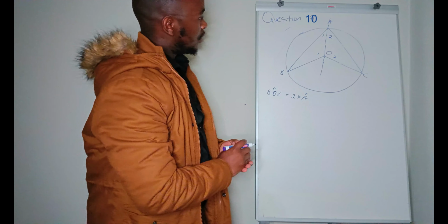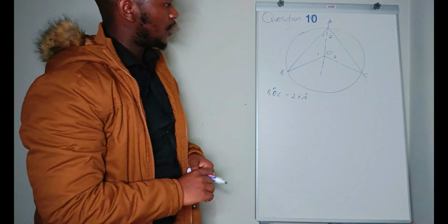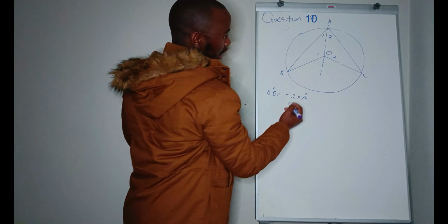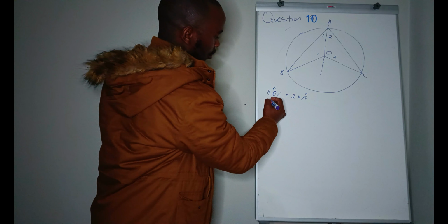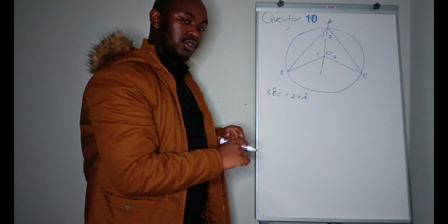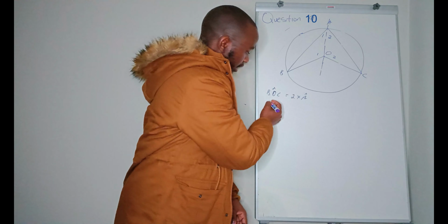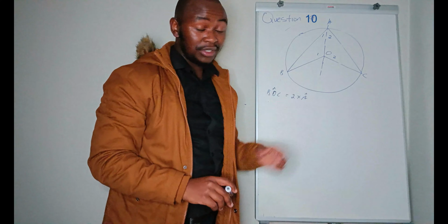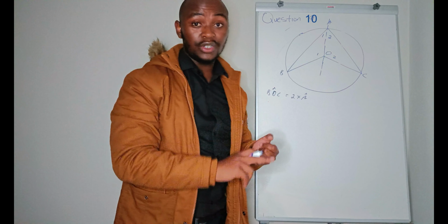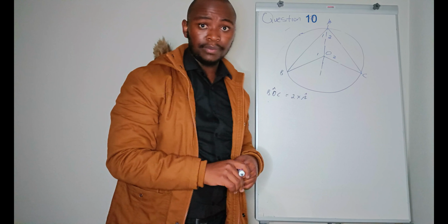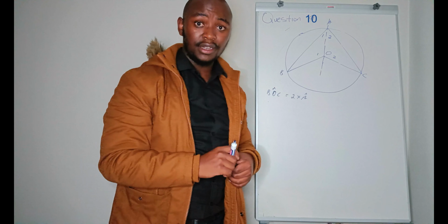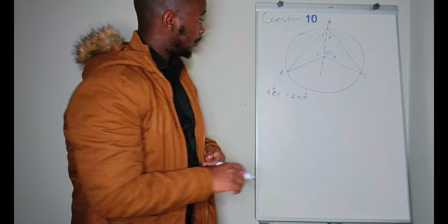Right. So what we see from the new diagram is that if you look at line AO, you can either state that you are drawing the line AO, or you literally put it in the diagram, but make sure you always draw on the diagram that you are given so that the marker understands what you are doing.